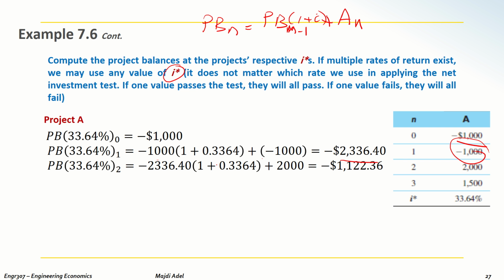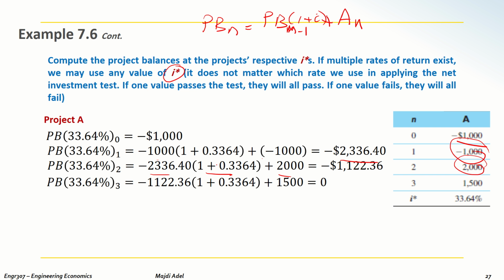Second year, the project balance of the previous year multiplied by 1 plus i plus 2000. It is minus $1,122. The project balance in the third year is the project balance of the previous year multiplied by 1 plus i plus 1500. It should equal 0.